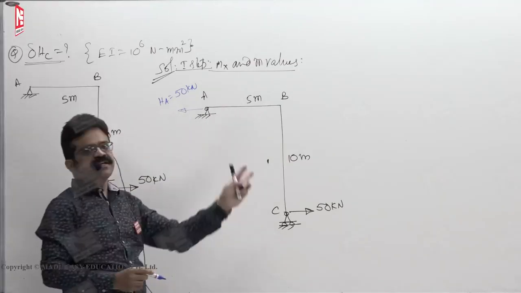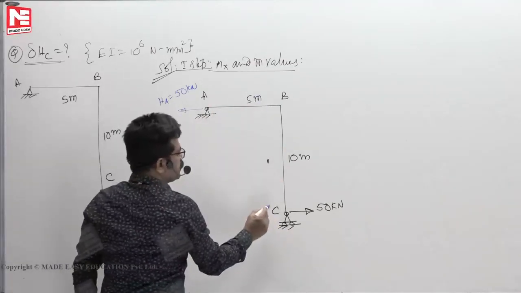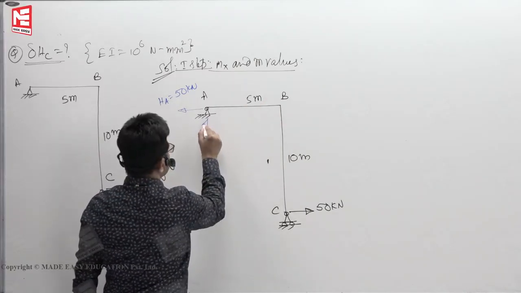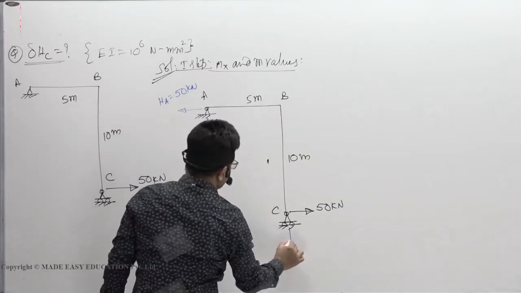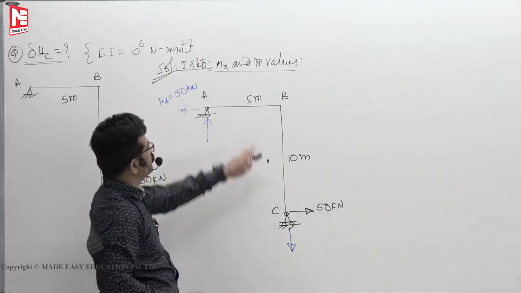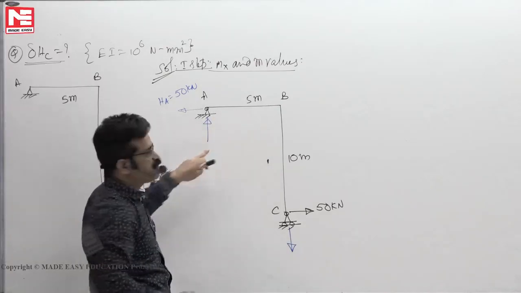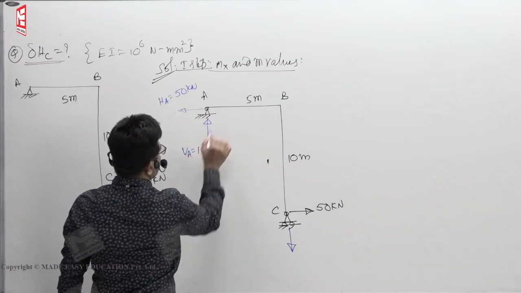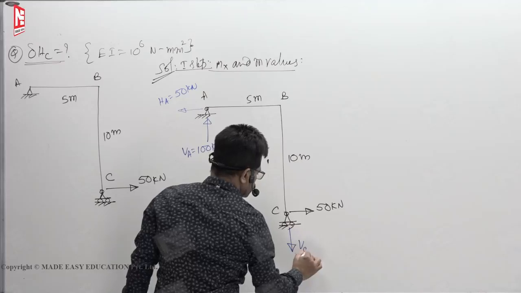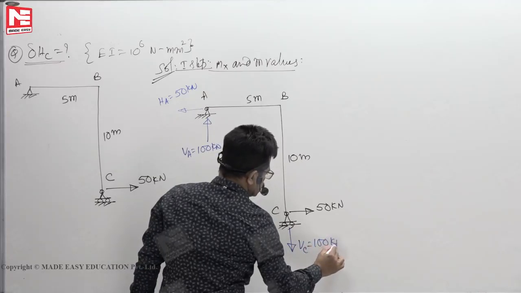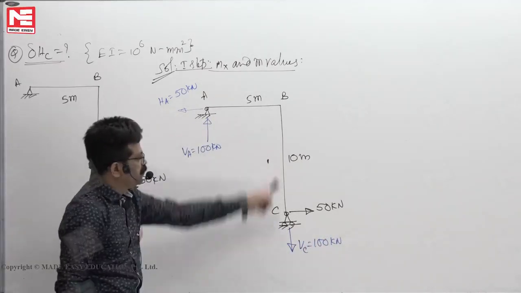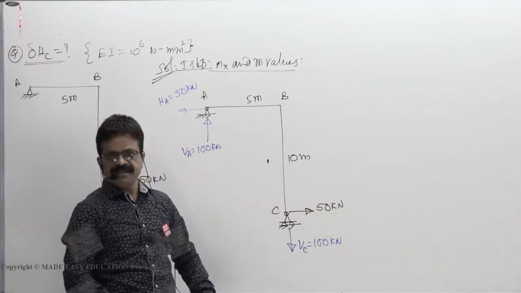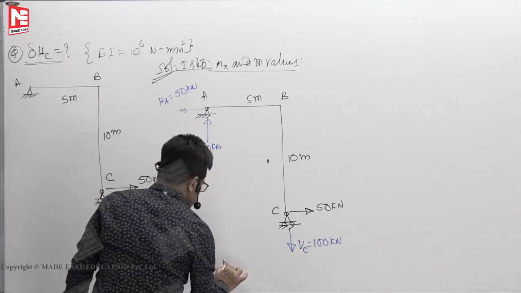To balance anti-clockwise 500, clockwise should develop. See how my fingers are moving up, down, clockwise, upward, downward. This moment must be 500. Already the distance is 5. That means the force must be 100. 100 into 5, 500. Like that. So, plus 100 into 5 minus 50 into 10. They balance. This is the Mx diagram.